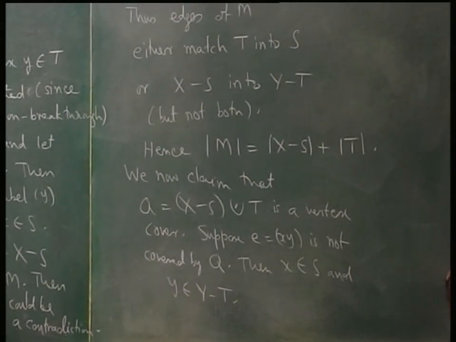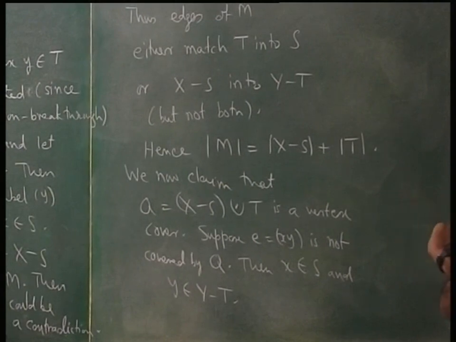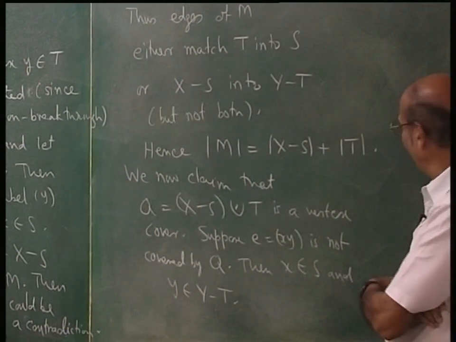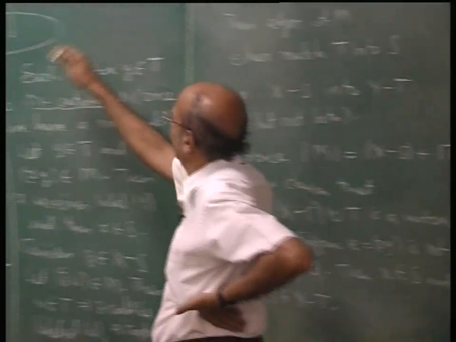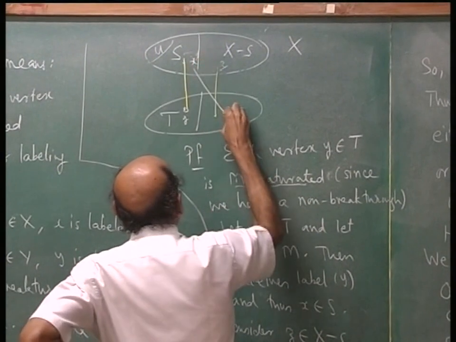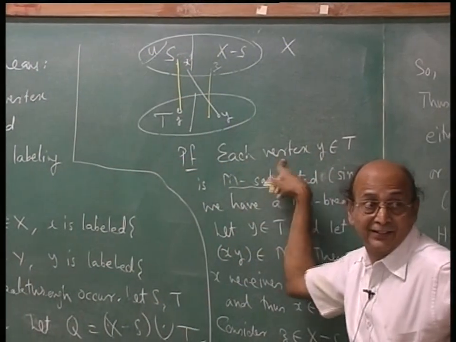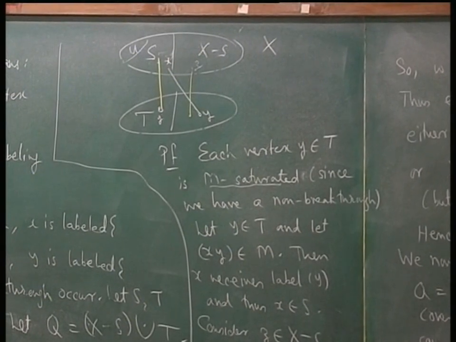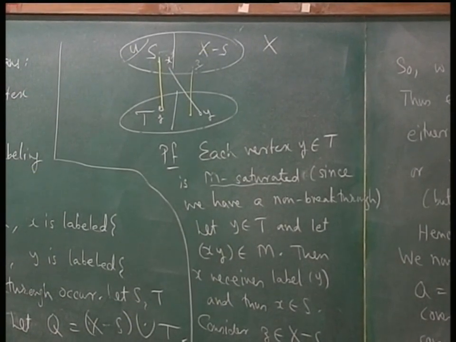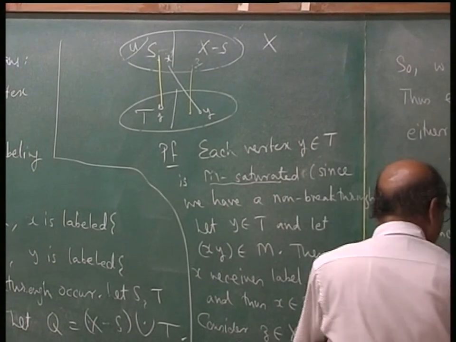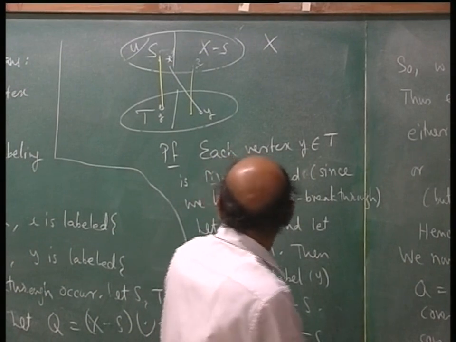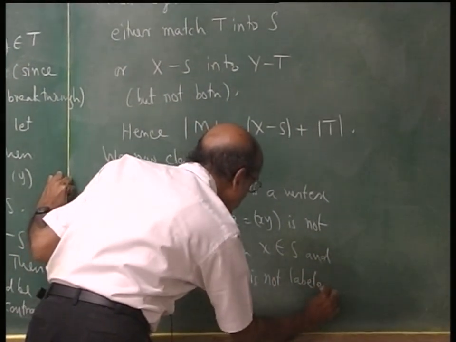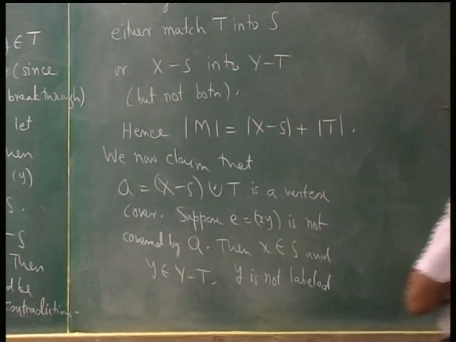X is in S means X is labeled. Why did I, after all, I could have used this XY as a forward arc. But X is labeled.